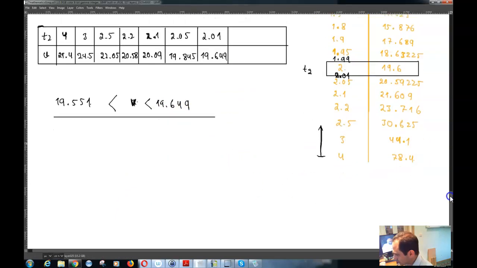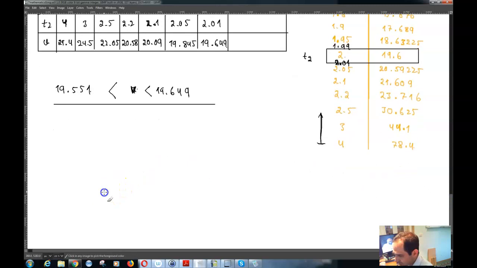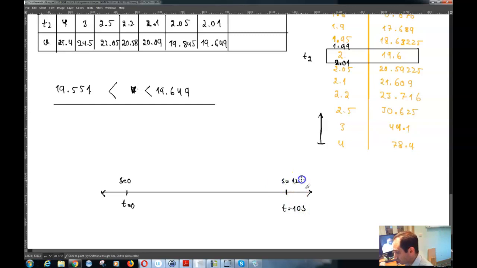Meaning that, for example, suppose that I take this as my coordinate system, and there is a car over here at t equals 0, and over here s is equal to 0. Over here, suppose that t is equal to 10 seconds and s is equal to, for example, 12 meters or so. Now the car starts from here at s equals 0, ends up at s equals 12.